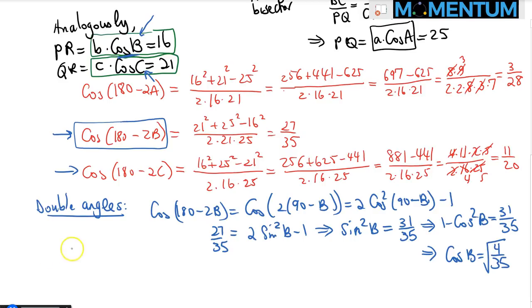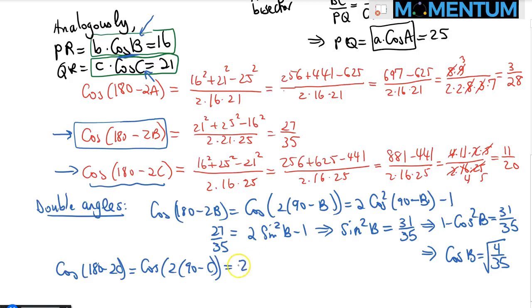In a similar way, let's make use of the same thing for the other one. So cosine of 180 minus 2c is just cosine of 2 times 90 minus c, and that's just 2 cosine square of 90 minus c minus 1, and that's just 2 sine square of c minus 1.